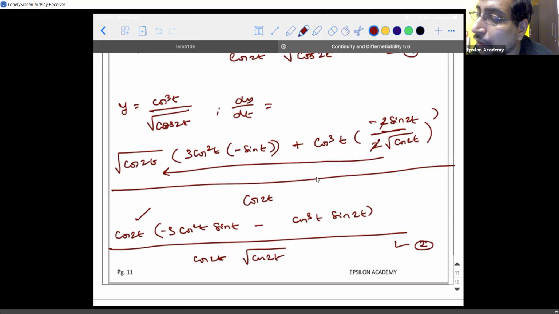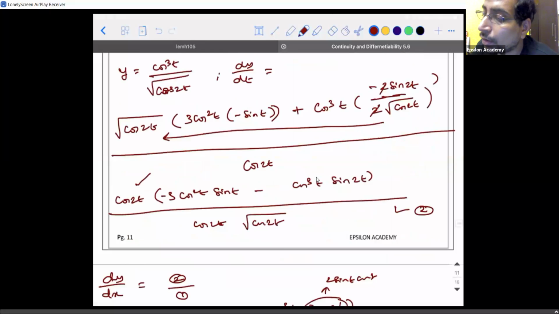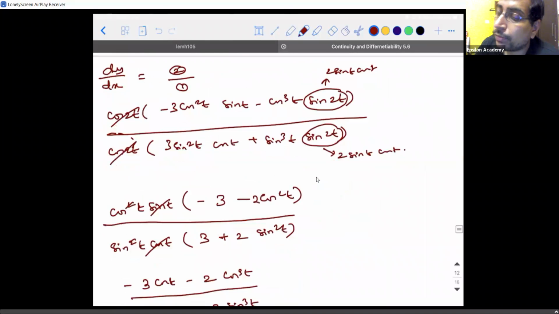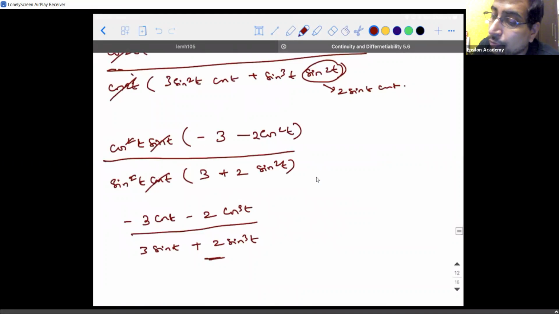If we get 4 here and 4 here, the numerator will become cos 3t, denominator will become sin 3t, and the minus sign will come out. That is why it is minus cos 3t divided by sin 3t, which is equal to minus cot 3t.